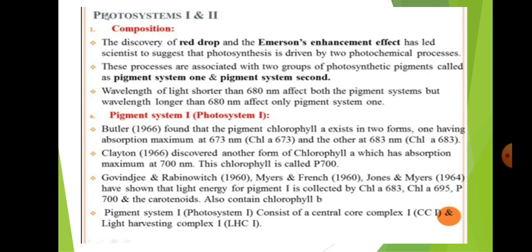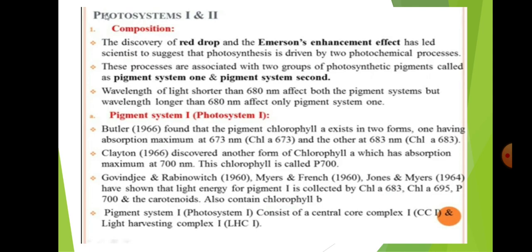These processes are associated with two groups of photosynthetic pigment called pigment system 1 and pigment system 2. Wavelength of light shorter than 680 nanometer affects both the pigment systems, but wavelength longer than 680 nanometer affects only pigment system 1. We call it photosystem 1.